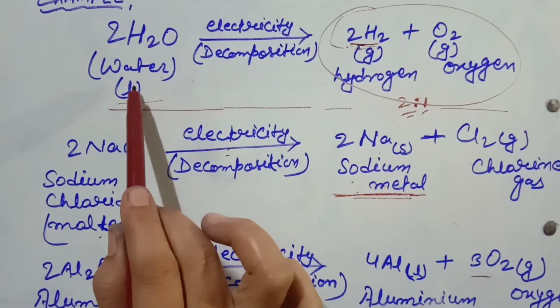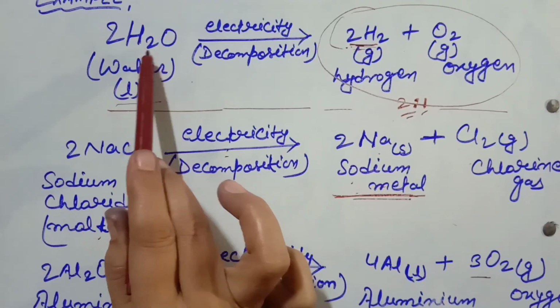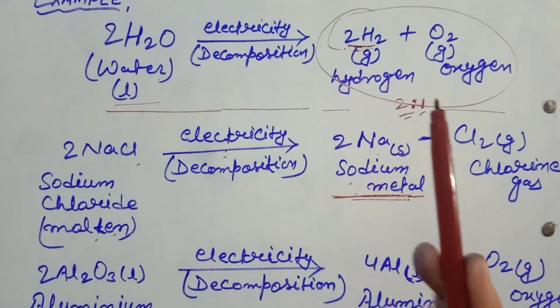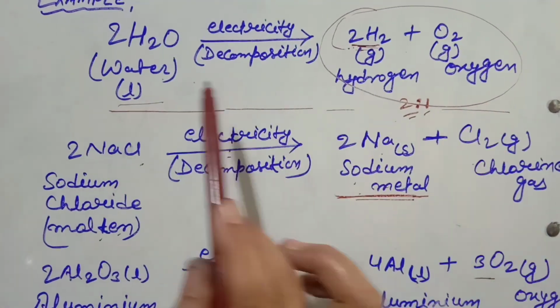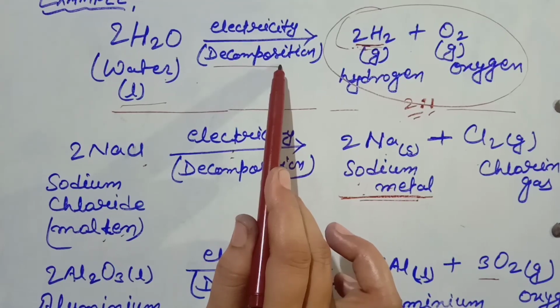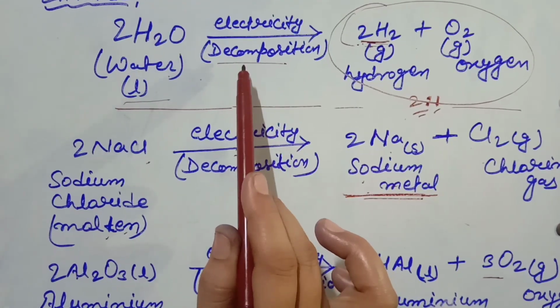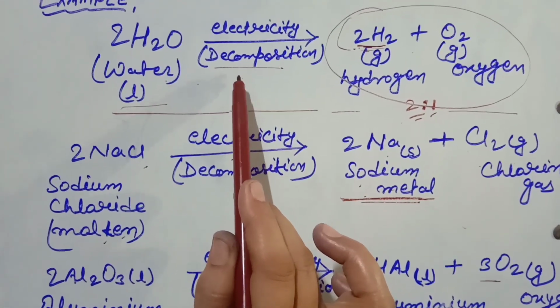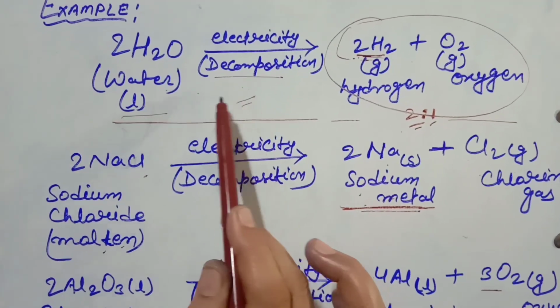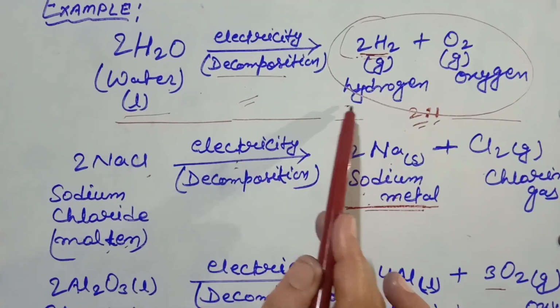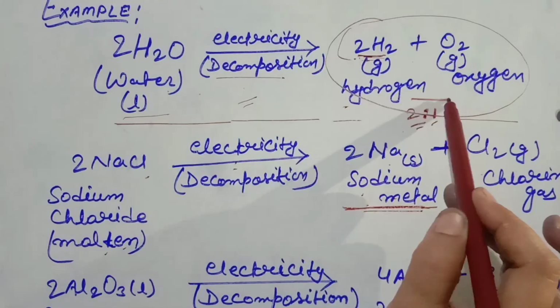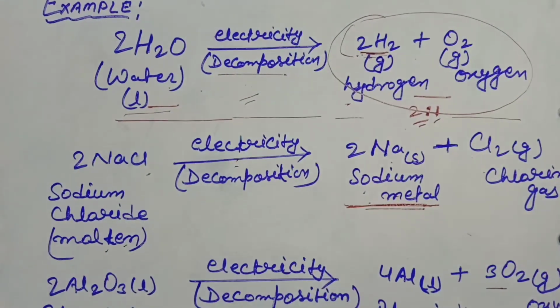Now in this case, when we pass electricity through the water molecule, it breaks down into hydrogen and oxygen. So this is the example of decomposition reaction. So just see here, combination and decomposition reactions are opposite to each other. So you may use this example in combination reaction this side, and this side decomposition reaction.